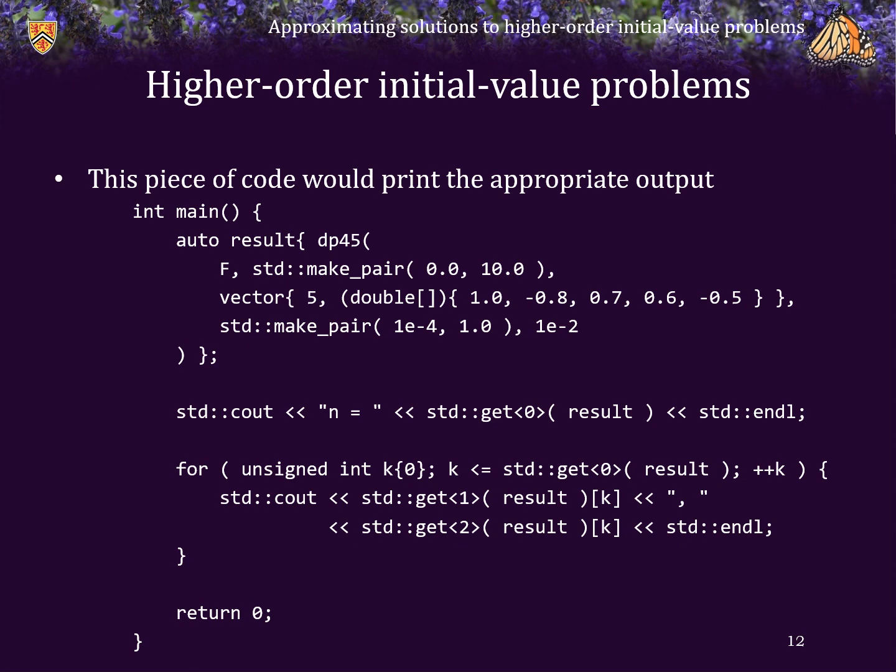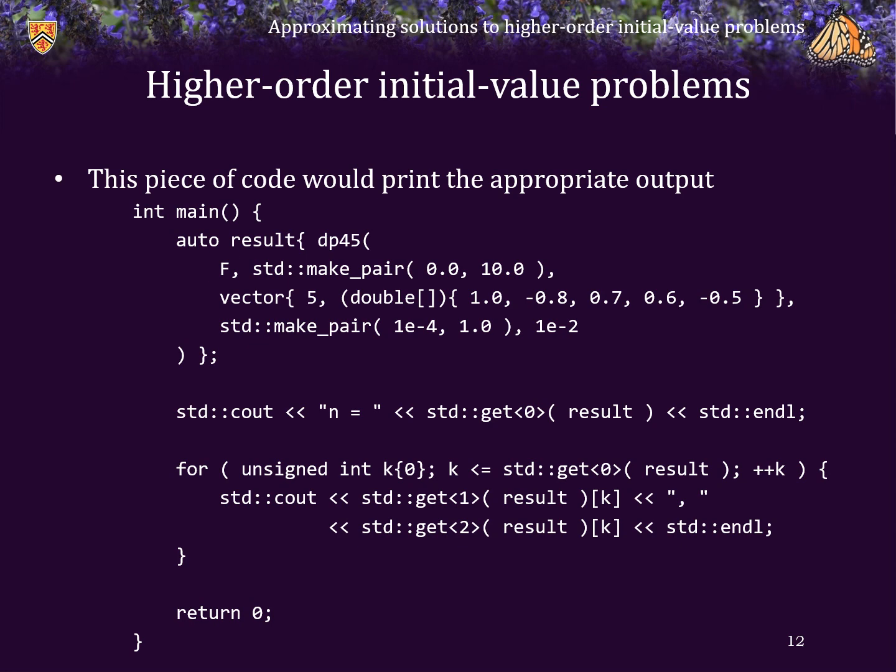That is, as you remember, a tuple where the first entry is the number of intervals, the second entry is an array of the t-values, the third entry is an array of vectors, each of them 5-dimensional, with approximations of the W0 through W4 functions at the corresponding t-value, and of course W0 is an approximation of y, W1 is an approximation of the derivative, and so on and so forth.